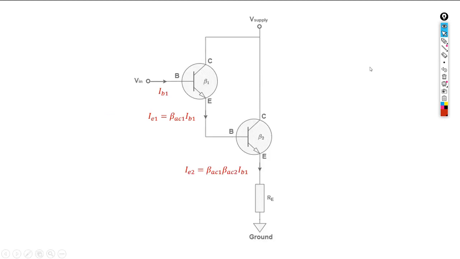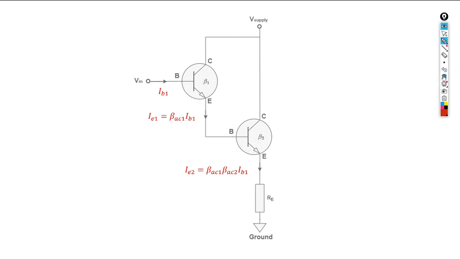As you can see, you have a configuration like this. You're going to have a beta AC2, then here you have beta AC1. So it's like you have two betas, and the two are going to combine with each other. This is going to increase our internal resistance, our R input.